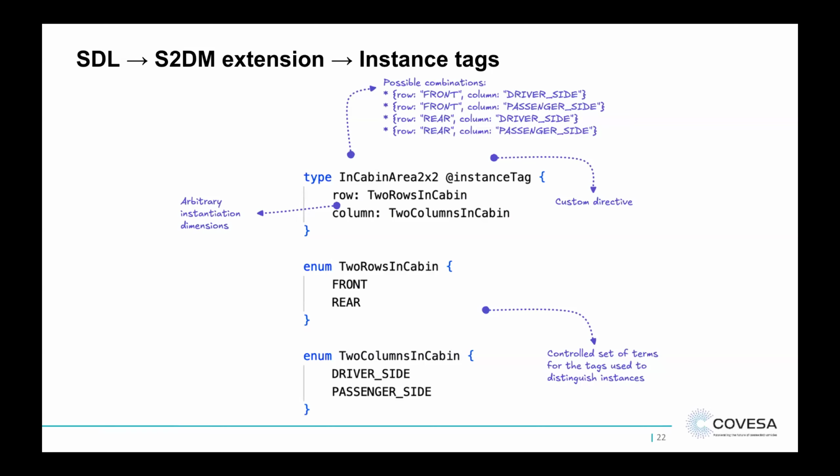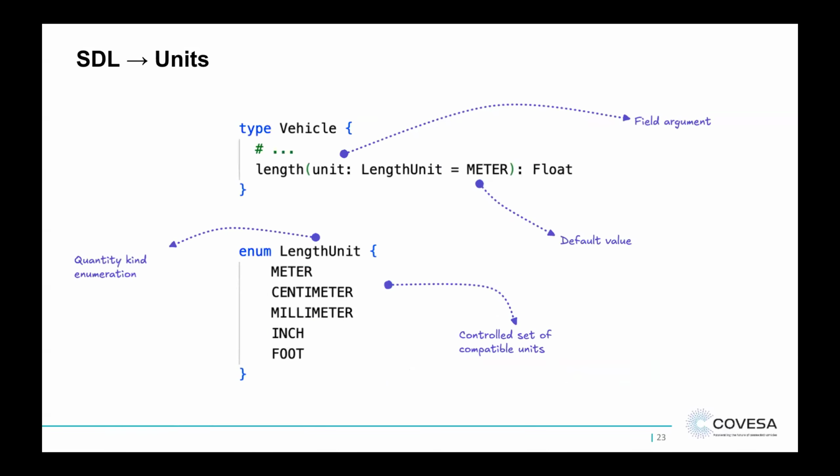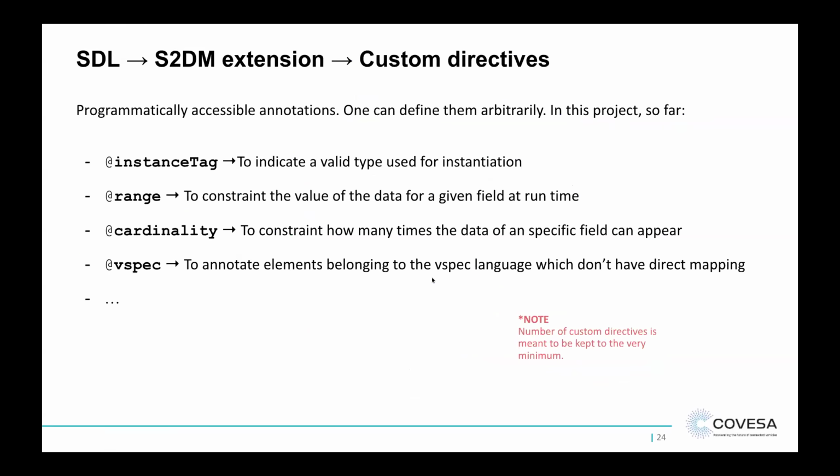This is another example of how you can define or leverage instance tags. And this is another example of how you can define a unit. We can have a controlled set of compatible units that we all agree upon, and then assign here: the vehicle length is of type float, and its unit is meter. These are all different S2DM custom directives, some of the directives that we can build on top.